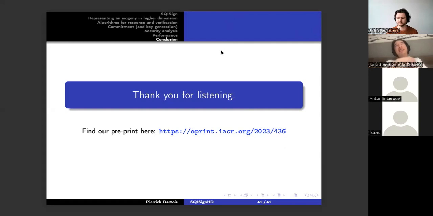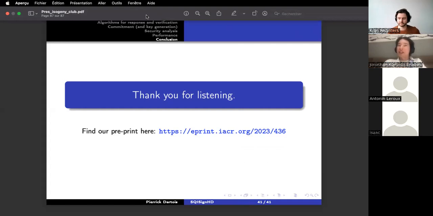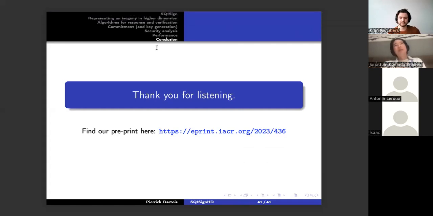I guess a question that I have, since I'm at RWC, I'll ask an RWC type of question. For implementers who want to look at this scheme and implement it, do you think it's actually more complicated or less complicated than the usual SQISign?